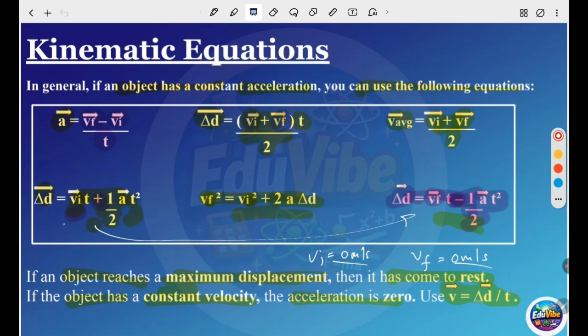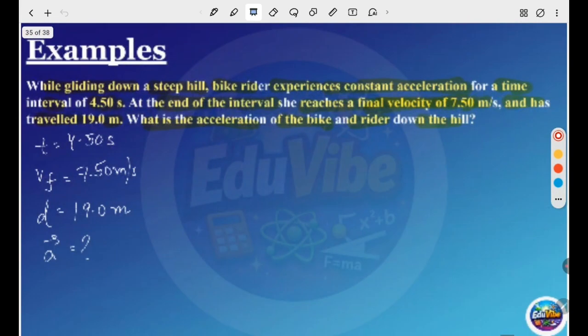You have to use this formula, but you don't have the initial velocity. But we have another formula that corresponds to the same one, so you can use this. We have final velocity, time and distance, and we have to find acceleration. So we isolate the acceleration for this particular question.